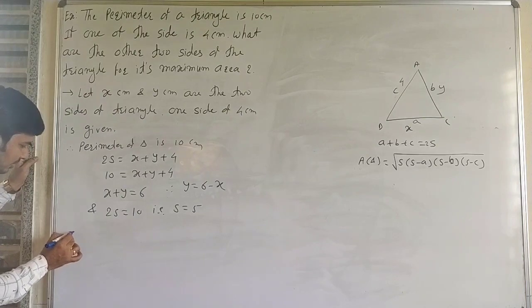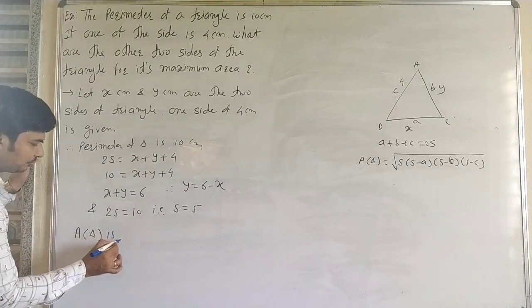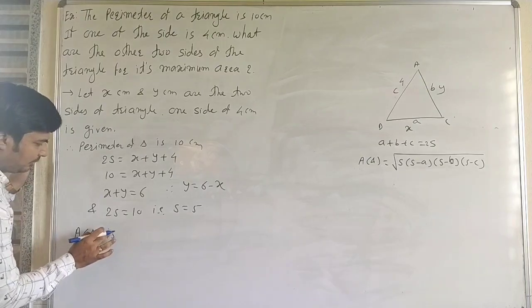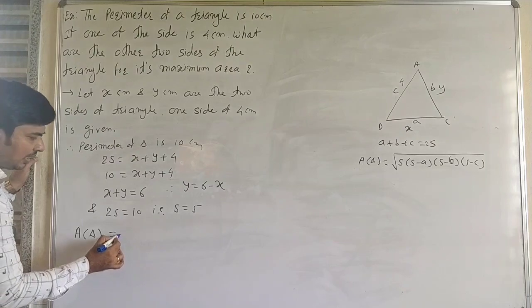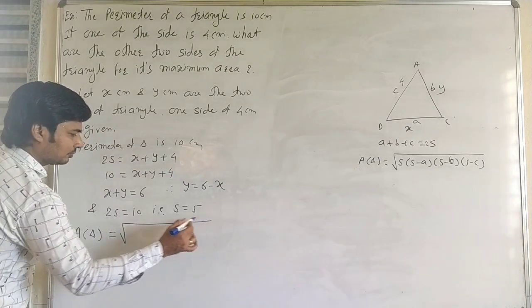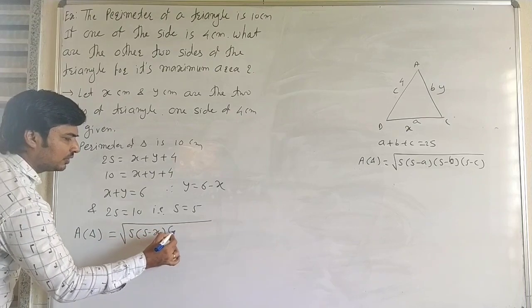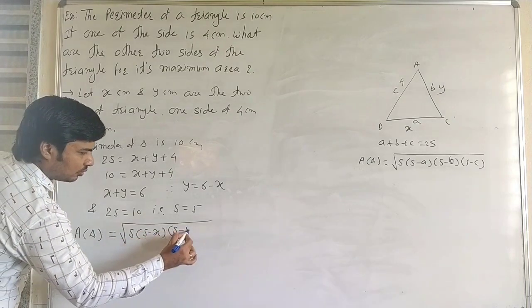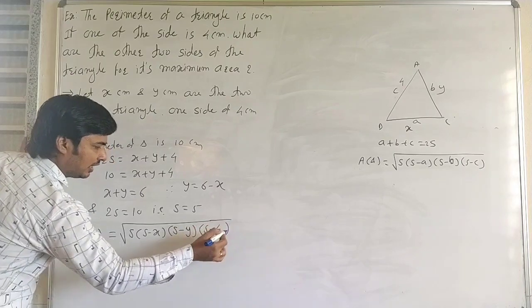Therefore area of the triangle is equal to under root of s into s minus x into s minus y and into s minus 4. Okay, it is s.